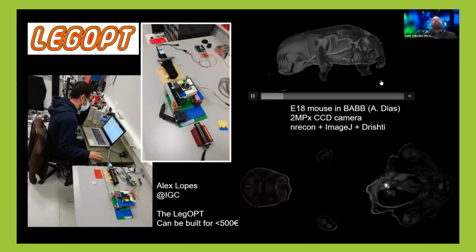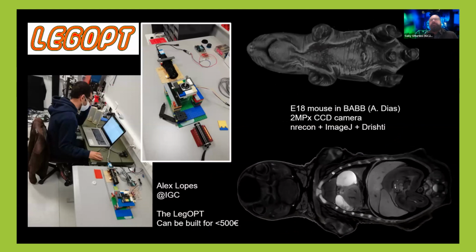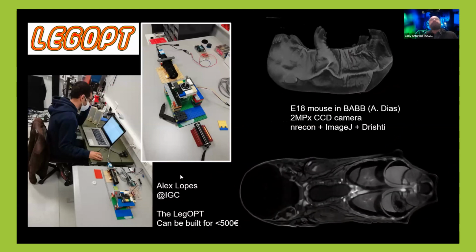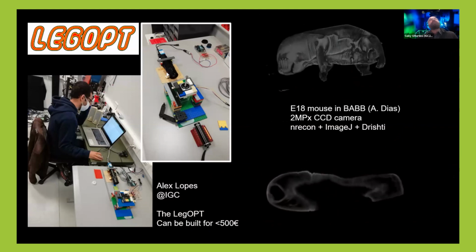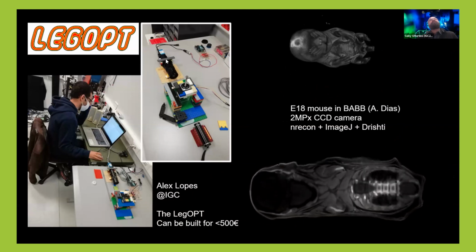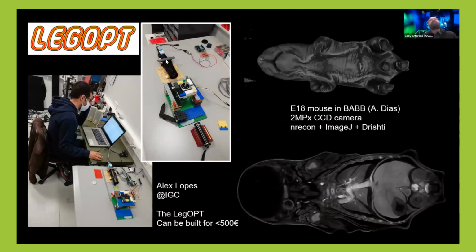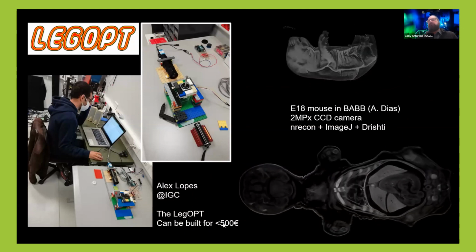Now, Alex Lopes, working in our lab, took a challenge of making this even cheaper and easier to build. And he came up with the Lego version, which you can actually use with this inspection camera. The lens is really very cheap. You can get this on eBay for 60 euros, I believe. So now Alex brought it down to about 400 euros.